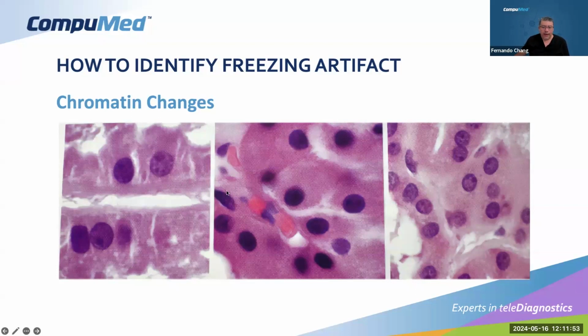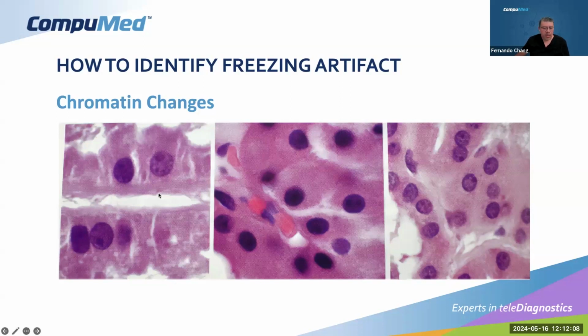These are two examples of different tissue, but you can see how the chromatin actually changes when it's exposed to that. You can also see fragmentation of the cells, the cytoplasm of the cells on the left.